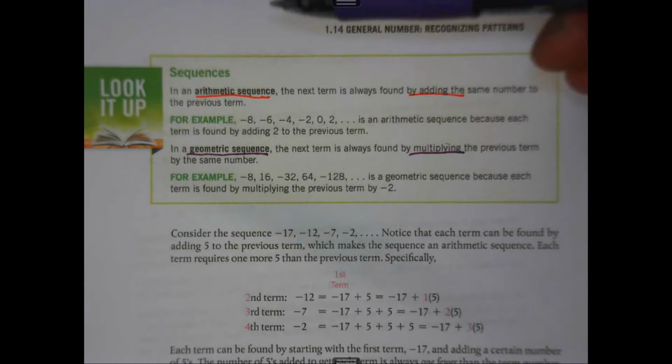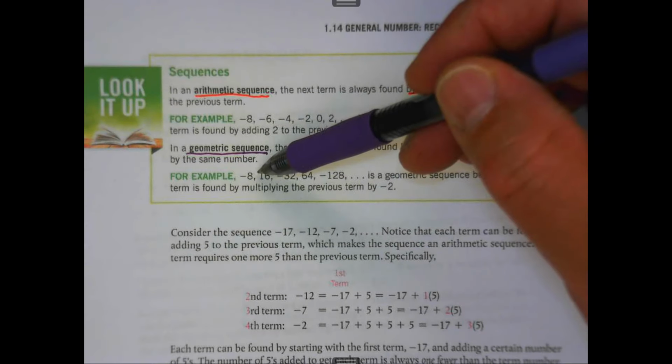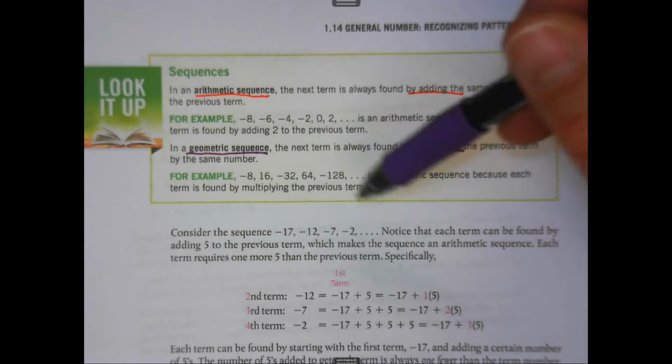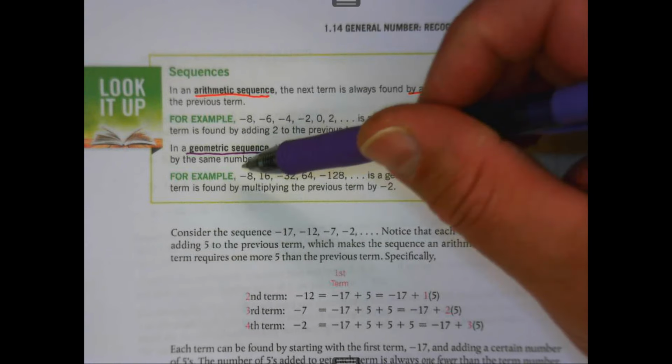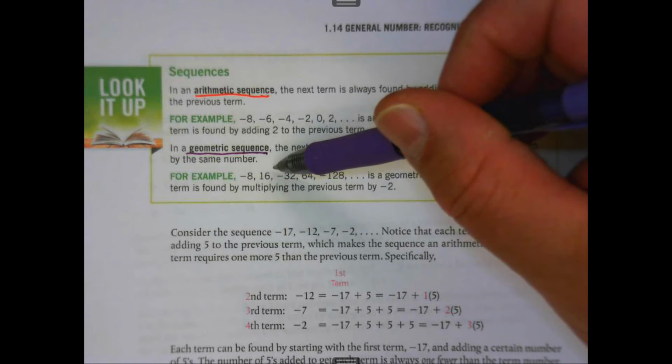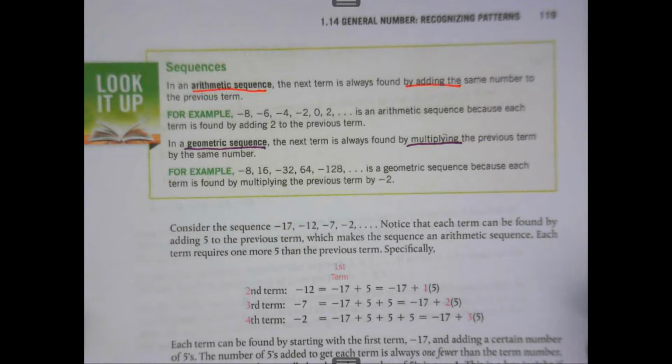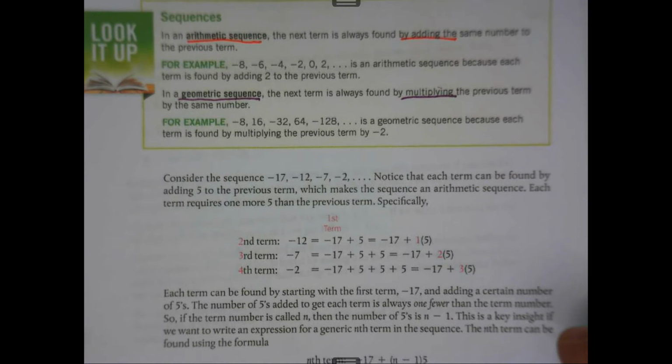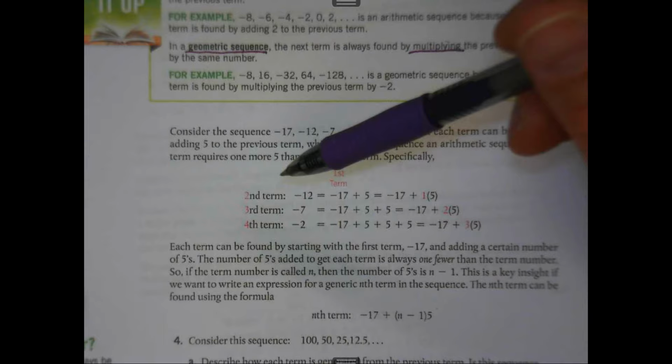Okay, example, -17, -12, -7, -2. Looks like we're adding 5 to each of those. So this is an arithmetic sequence.